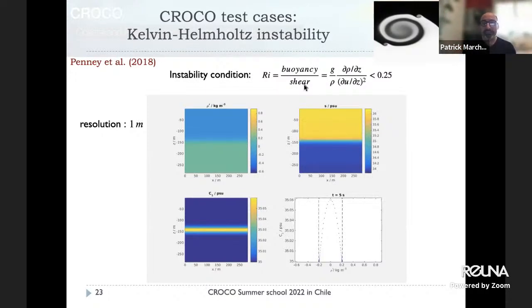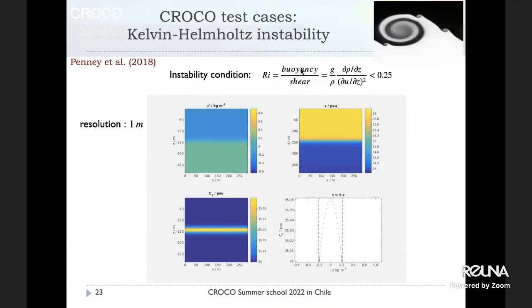If the flow is homogeneous, there is no restriction to this shear instability, unless there is too much damping. But if you have a stratification that gives buoyancy, then you will tend to control the shear instability. If the buoyancy is too strong and the Richardson number is high, then you have no instability.